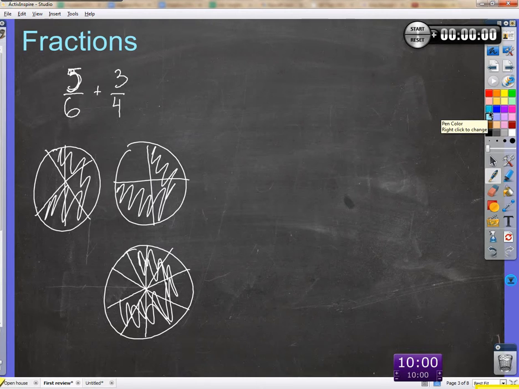Well, maybe we could cut these pieces into smaller pieces so that all the pieces are the same size, right? So one surefire way to do that is to cut each of these pieces into 3, right? And each of these pieces into 4, and each of these pieces into 6, right?